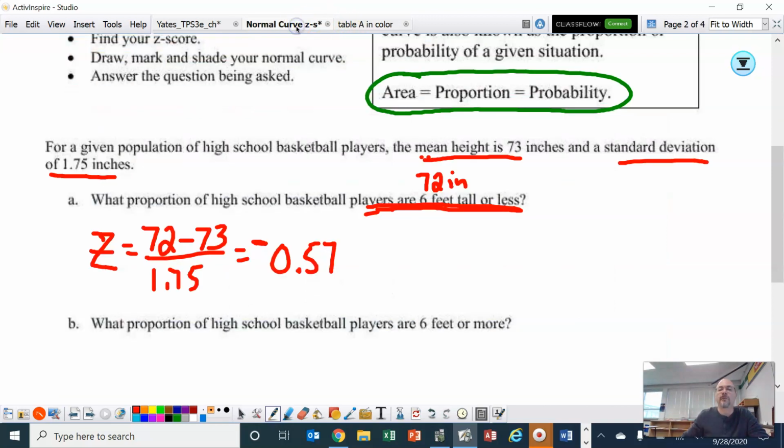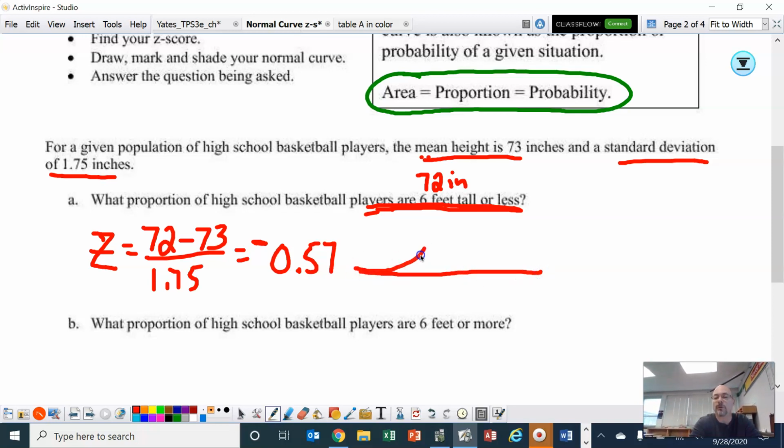Before we actually go to the table, though, we should draw this picture. Just draw a simple normal curve. Zero is here. Now -0.57. Again, this is -1, this is -2, this is -3.